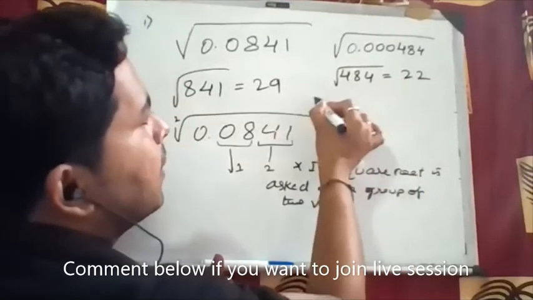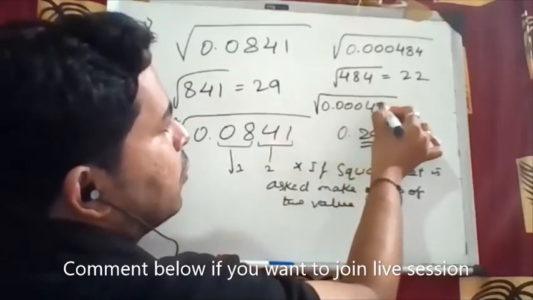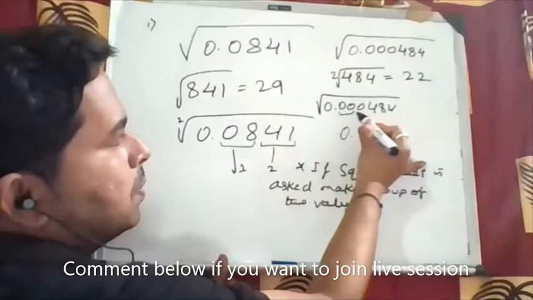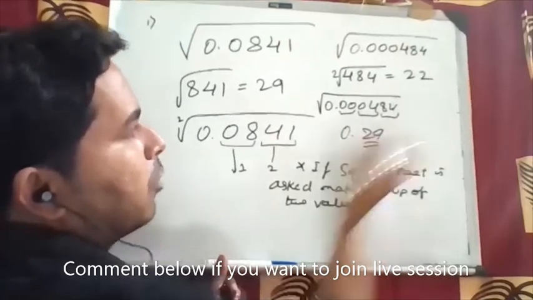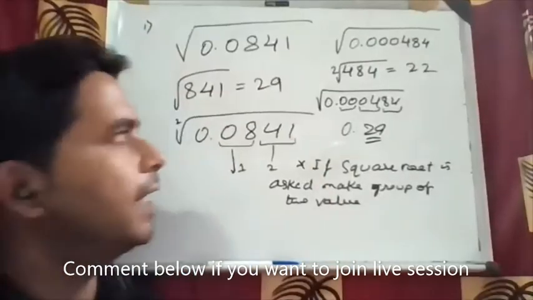Now in the given question they ask for the square root of this value. Since it is a square root, make groups of 2. This is the first group, second group, third group. So you have to keep the decimal before 3 digits.